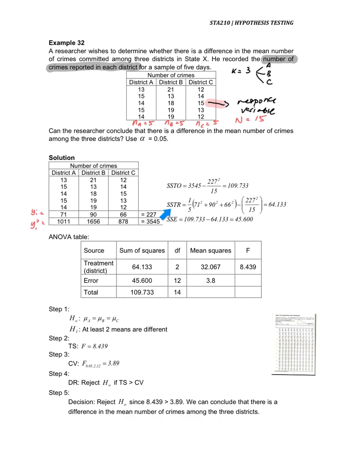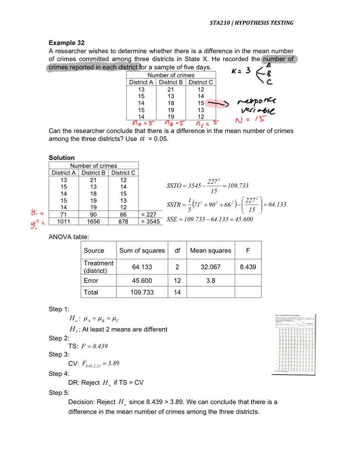Now we calculate the value for SSTR. If you look back at the formula, it is 1 over small n, and small n here refers to 5. So 1 over 5 times the summation of Yi, but you have to square the values. So we take 71 square plus 90 square plus 66 square, minus the summation of Yi squared.